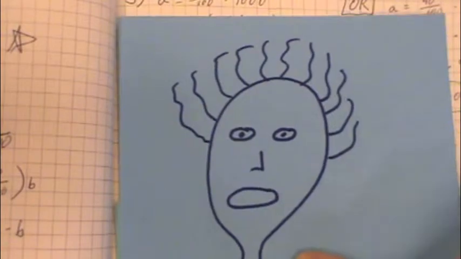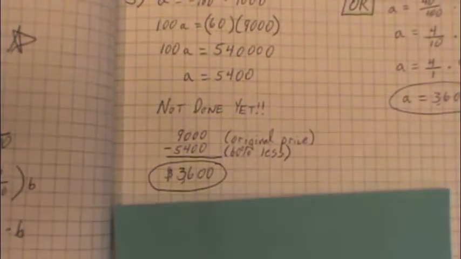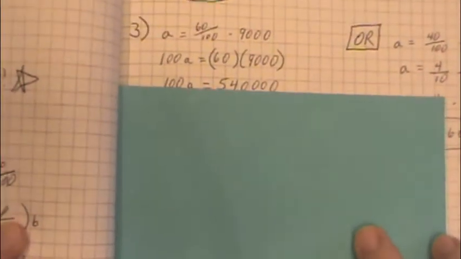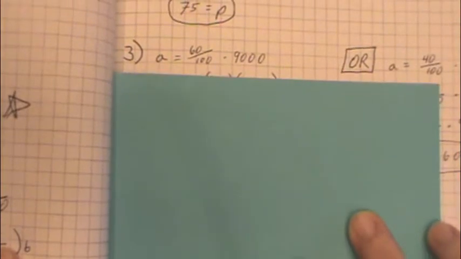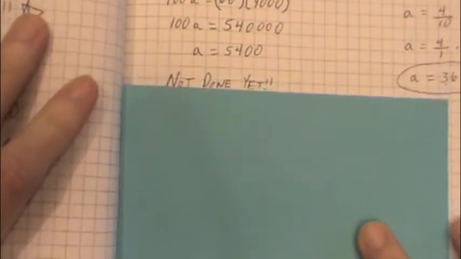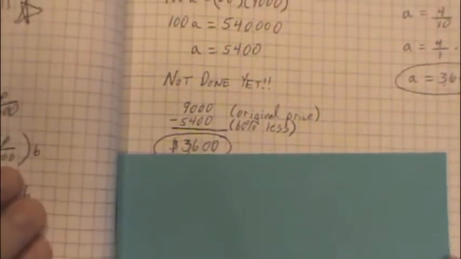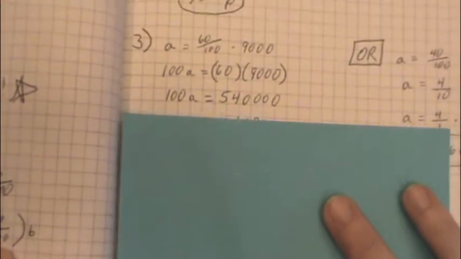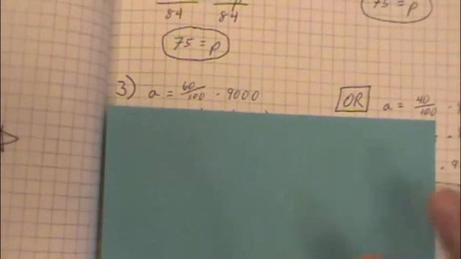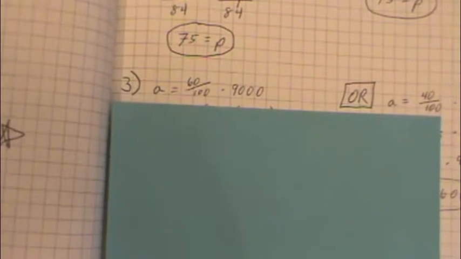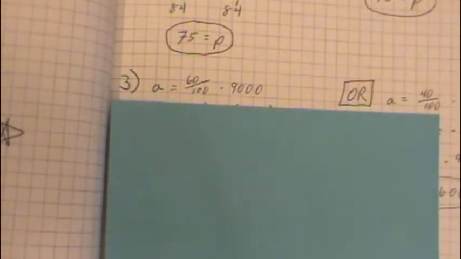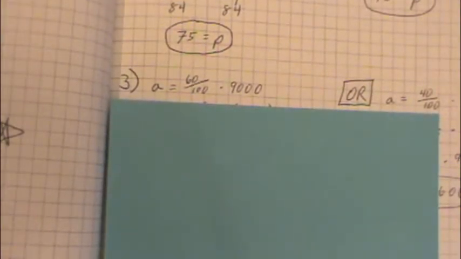Instead of doing this problem in 2 steps, figuring out what 60% of the original price of the car was and then having to subtract, what would happen if you just thought, okay, we sold the car for 60% less than we paid for it. In other words, we sold the car for 40% of what we paid.